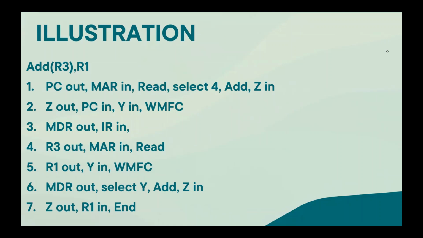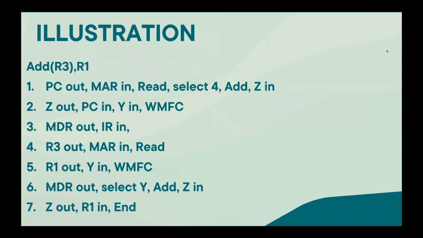After that, a read request is sent to the memory, and a select signal is sent, and the constant 4 is taken. After that, the add operation happens, and the result is stored in Z in. In the second step, Z out: the updated result is put out from Z and then loaded into the PC.